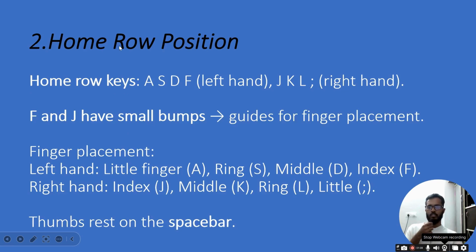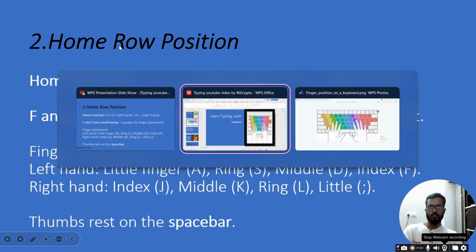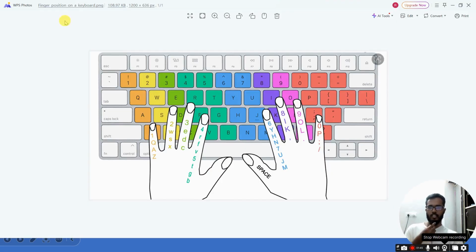So first thing is home row position. If you can see here, we have three rows of alphabets. The first one, QWERTY, is called the top row. The second one, ASDFGHJKL, is called the home row.